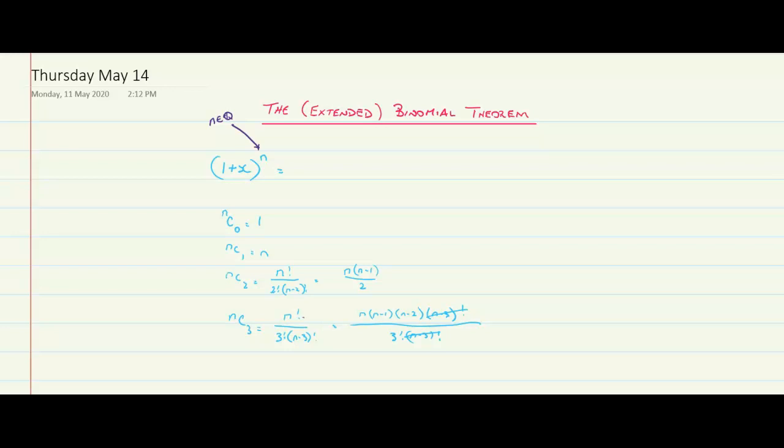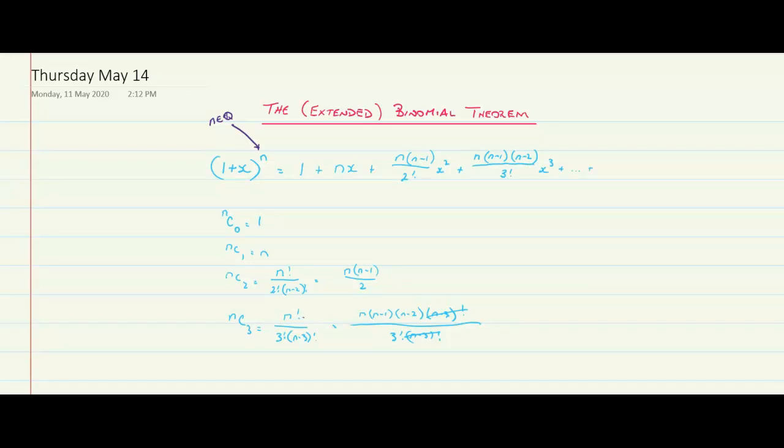So in summary, 1 plus nx, and you can see what's happening here. nC1 has become n. nC2, which is n times n minus 1 over 2 factorial x squared, n times n minus 1 times n minus 2 over 3 factorial x cubed.